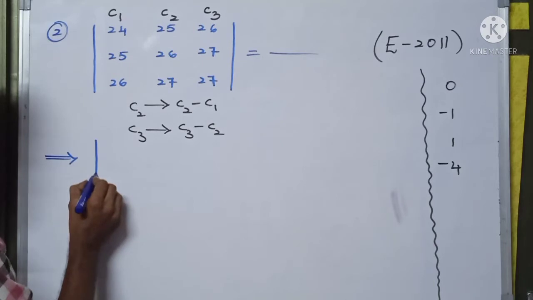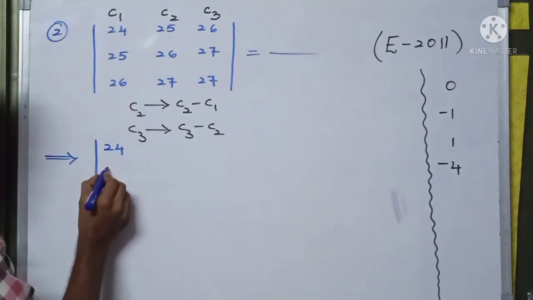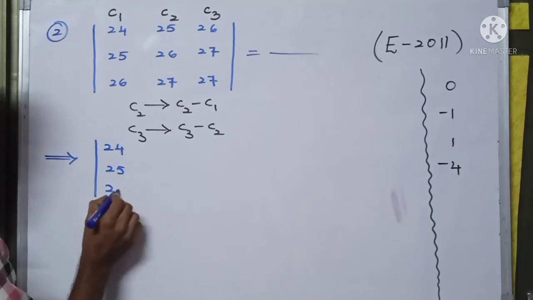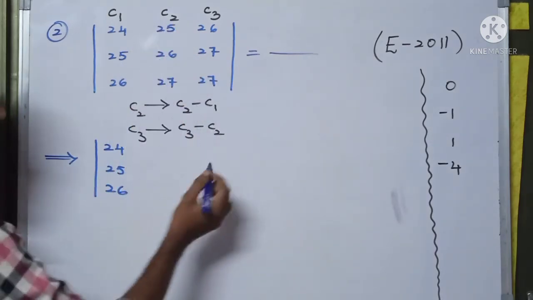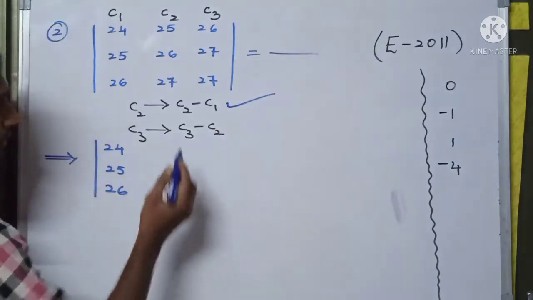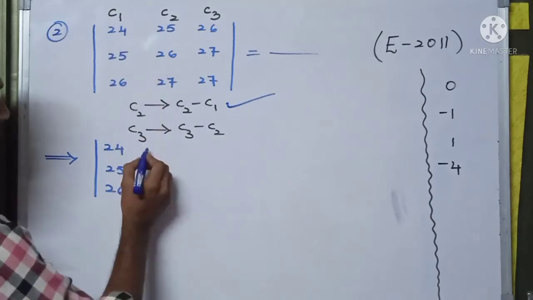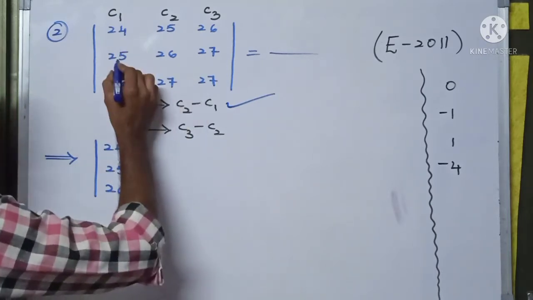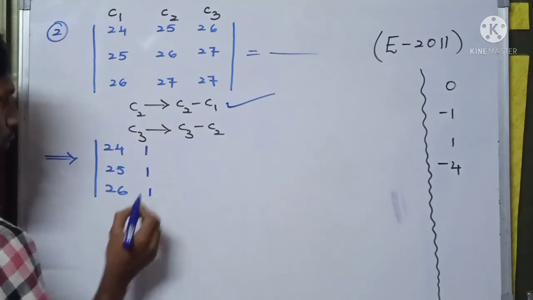That implies the elements of first column are 24, 25, 26. Come to the second column. To change this second column, apply the transformation C2 minus C1. That means 25 minus 24, 1. 26 minus 25, 1. 27 minus 26, 1.